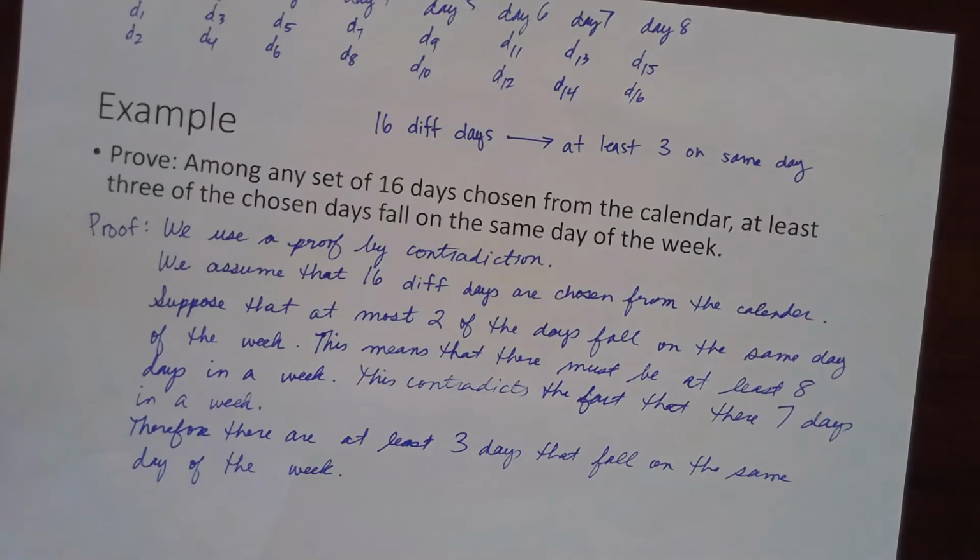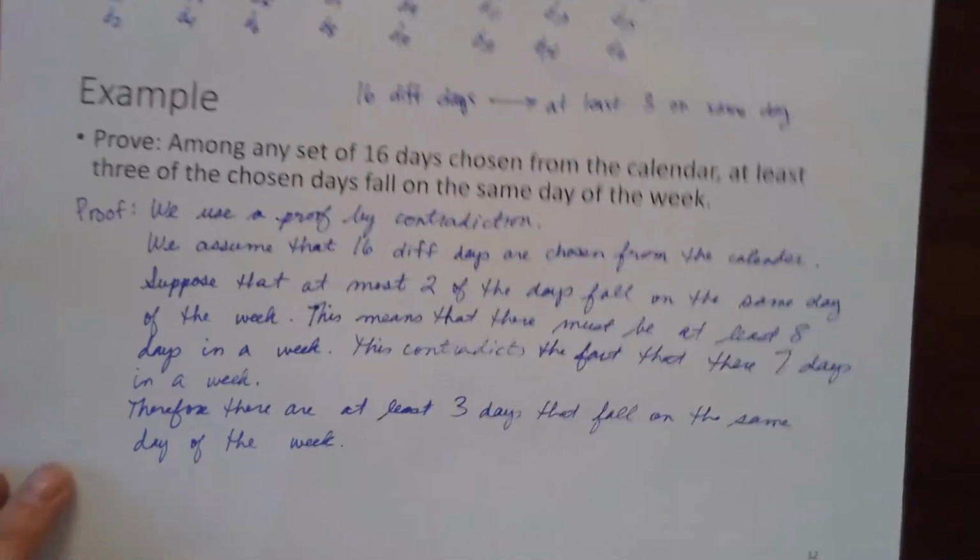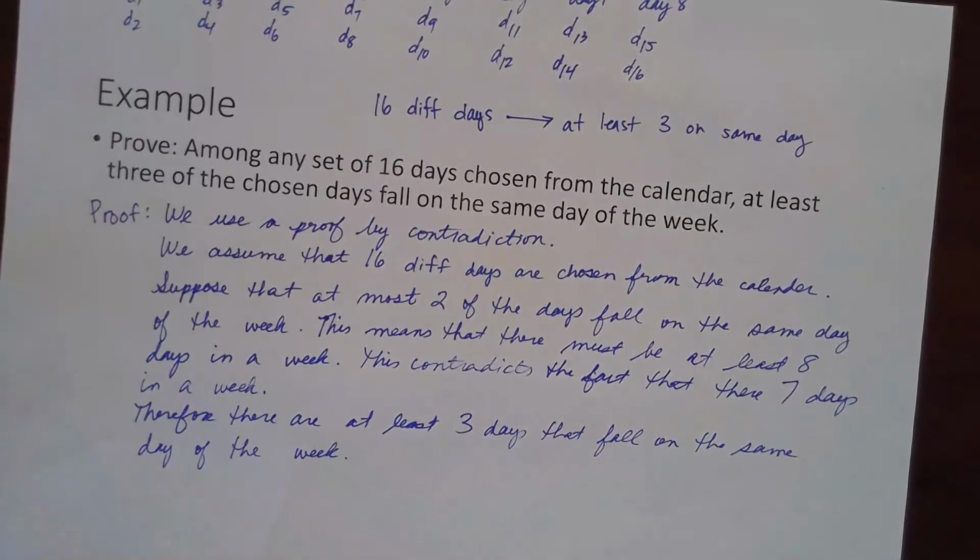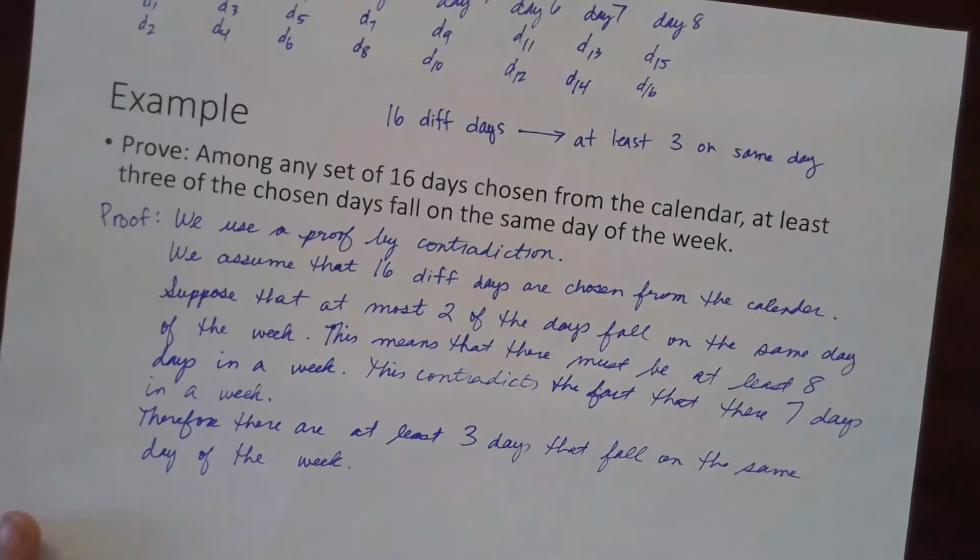It will probably be obvious. But I will tell you on the quiz what to use. Because this one, it's hard to know exactly what you should use, but proof by contradiction works pretty nicely on this one.